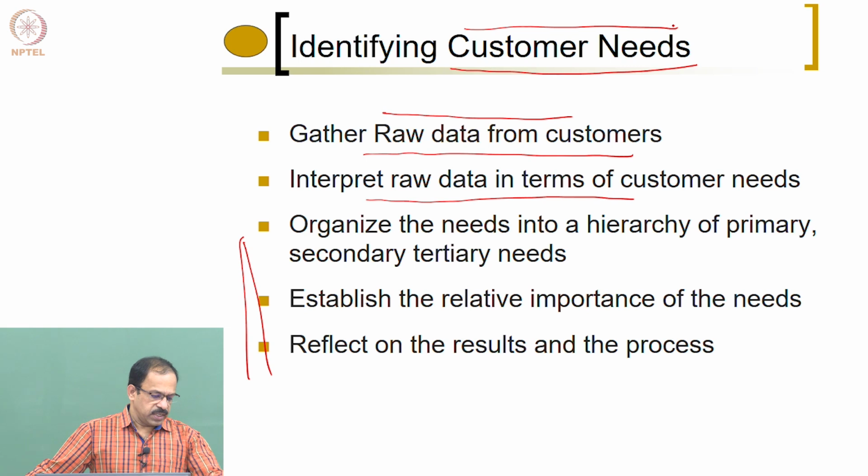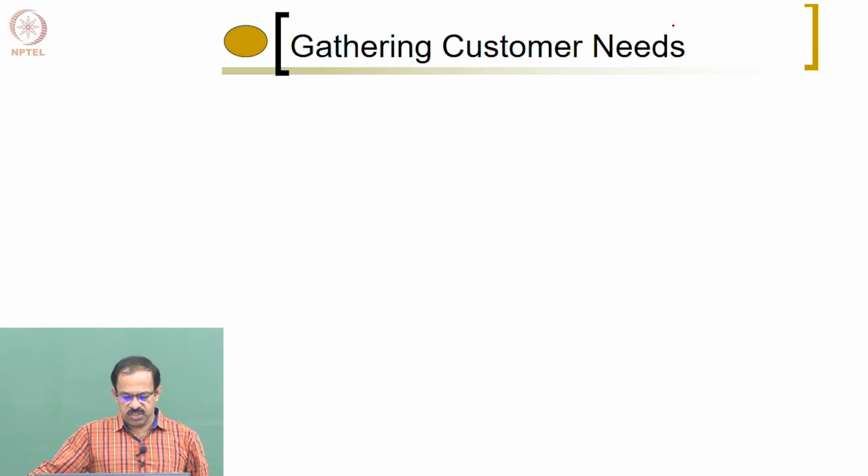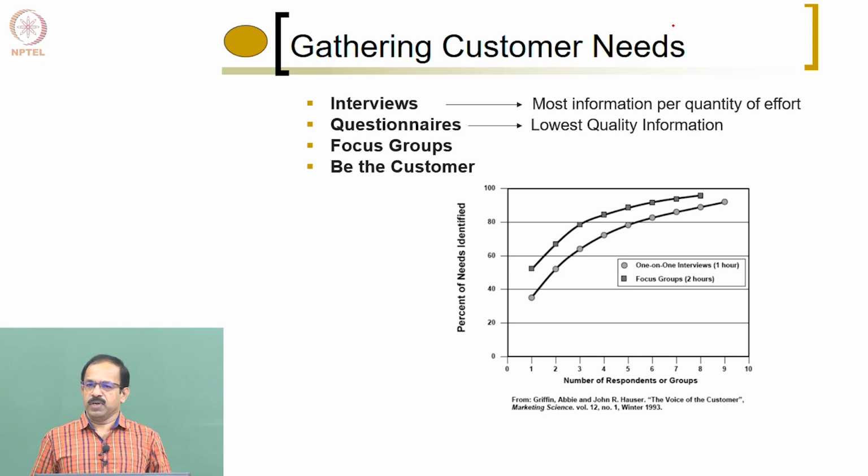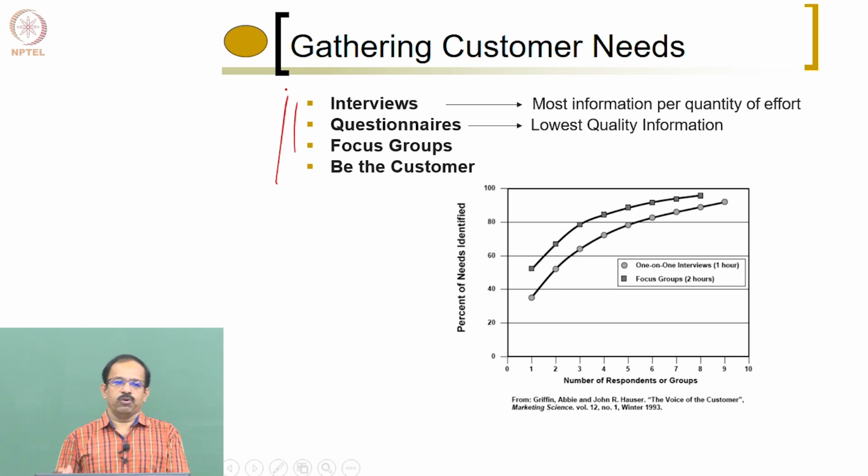Then we found that there are some standard methods to do this: you can do interviews, questionnaires, focus groups, or be the customer. These are the different methods that can be employed to gather customer needs.